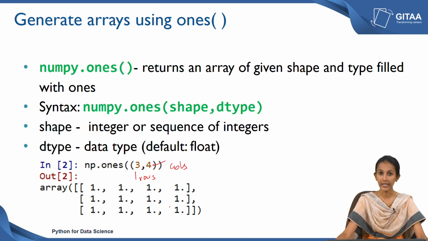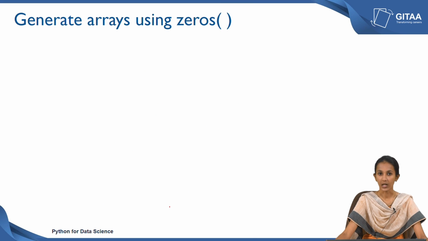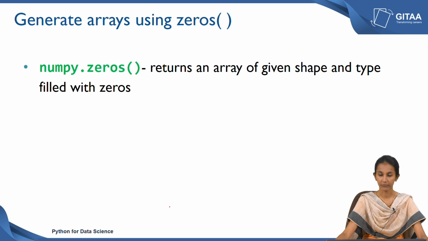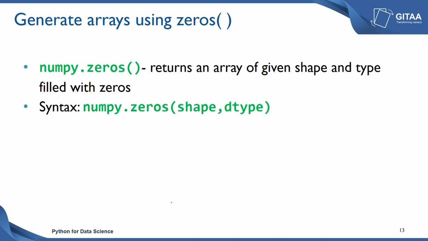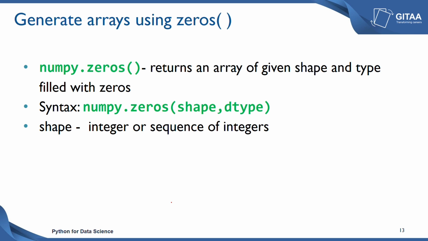Similarly, you can also generate arrays using zeros. numpy.zeros is a function that returns an array of the given shape. If you specify the shape, that is the dimensions, it returns an array filled with zeros. The syntax is numpy.zeros, shape, again an integer or sequence of integers, and dtype, which is the data type. The default is always float.